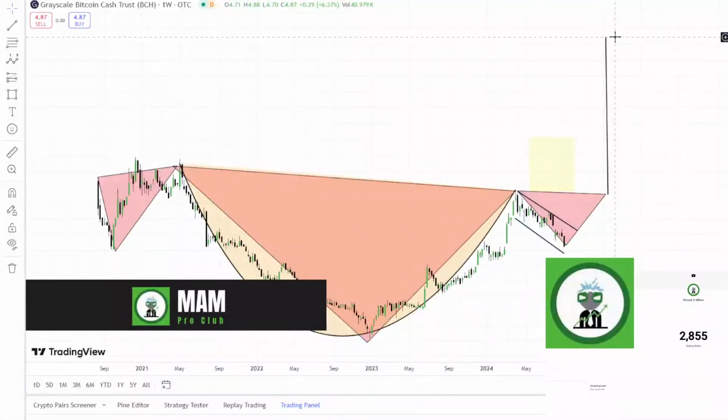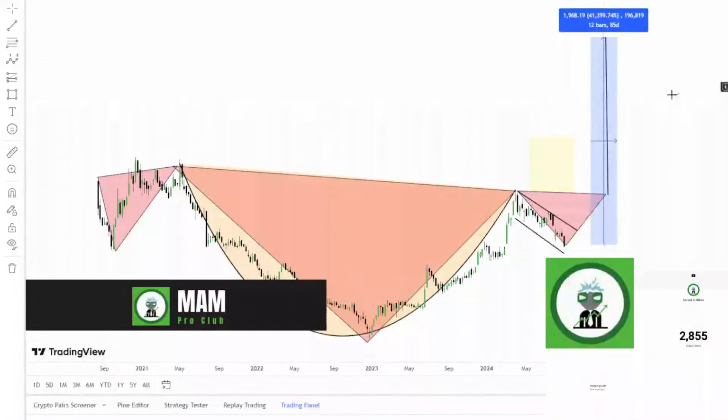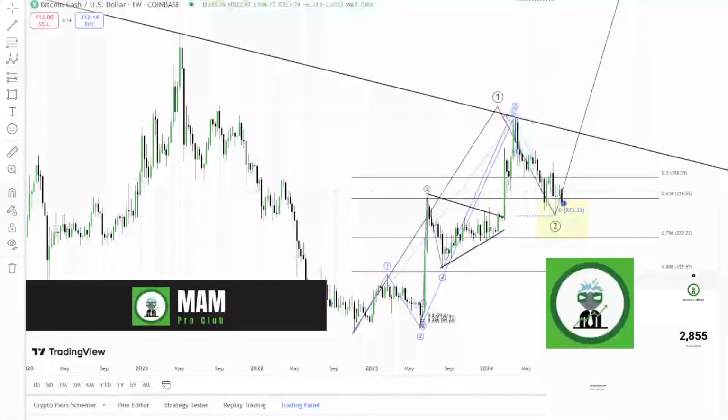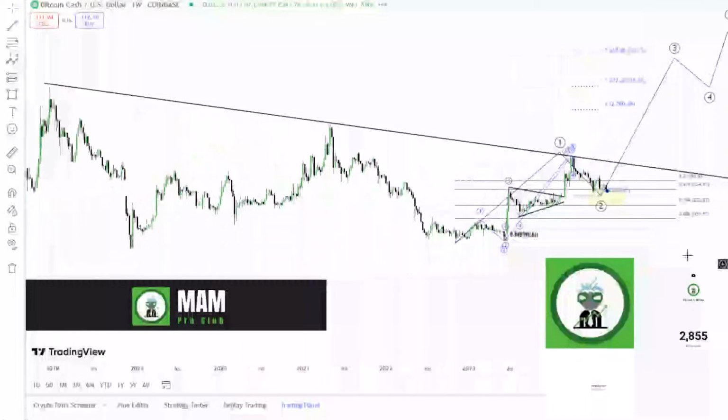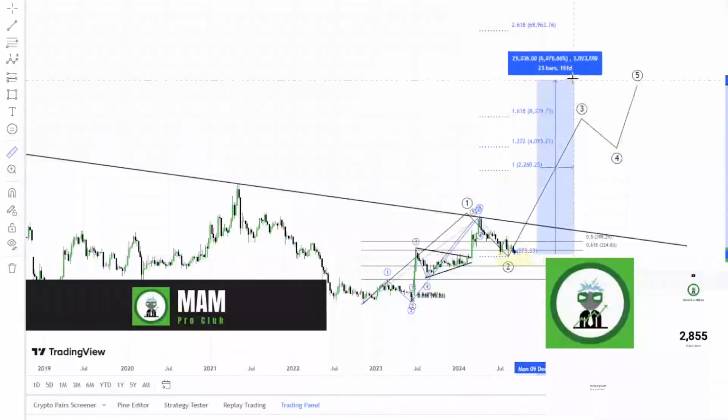and then if you compare that to Bitcoin Cash now, if this was going to go up, what, 40,000%, and then you go to Bitcoin Cash on the weekly, from here, 40,000%.